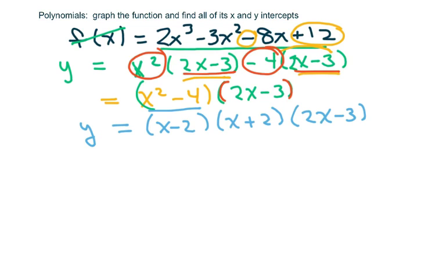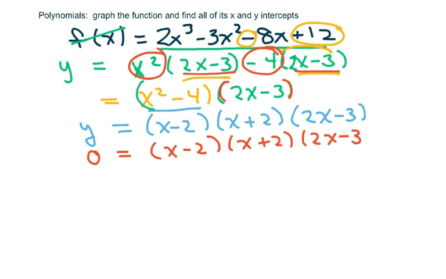Now, to find the x-intercepts, we let y be 0. And if I set each piece of this to 0, if I look at this first piece, x minus 2 equals 0, so x is 2. And here, x plus 2 is 0, so x would be negative 2.